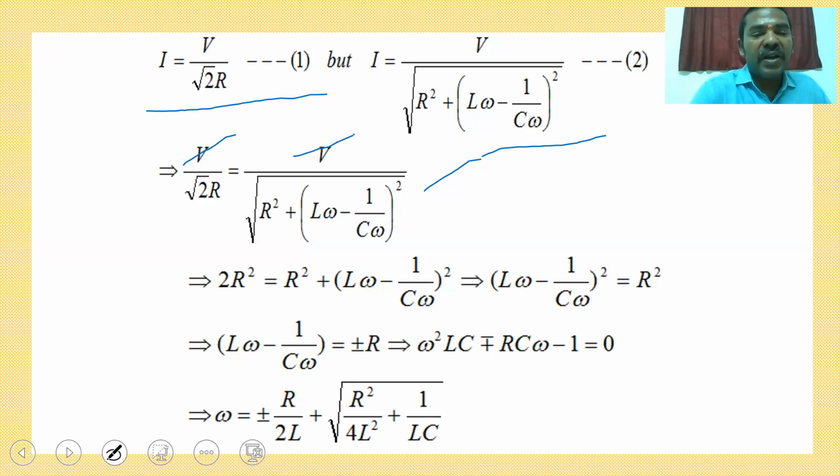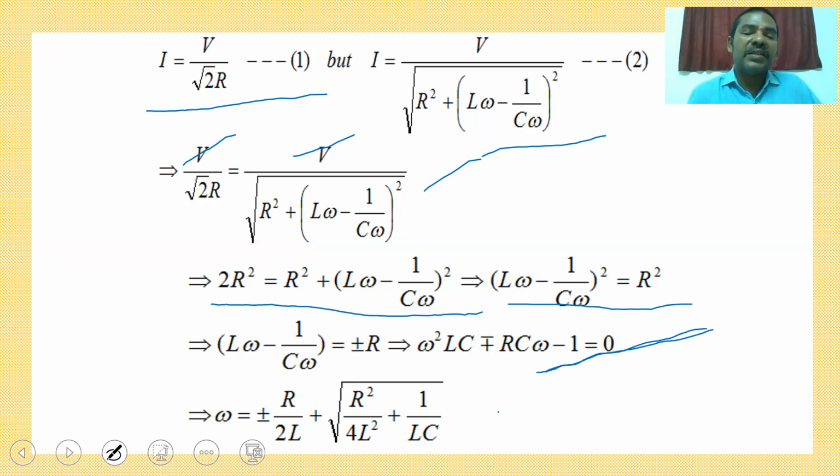Finally you get 2R square is equal to R square plus L omega minus 1 by C omega whole square, or L omega minus 1 by C omega whole square is equal to R square, or L omega minus 1 by C omega is equal to plus or minus R. So omega square LC minus or plus RC omega minus 1 is equal to 0. This is your characteristic equation.